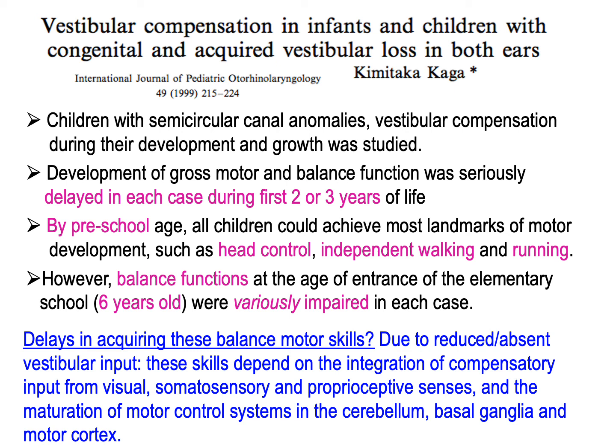So you've got this developing brain, which is responsible for integrating these inputs. And now you have either an impaired or diminished, hypoactive, or completely absent vestibular system. So they have challenges trying to integrate reduced or no vestibular input as they're learning those really complex skills. Kind of interesting.